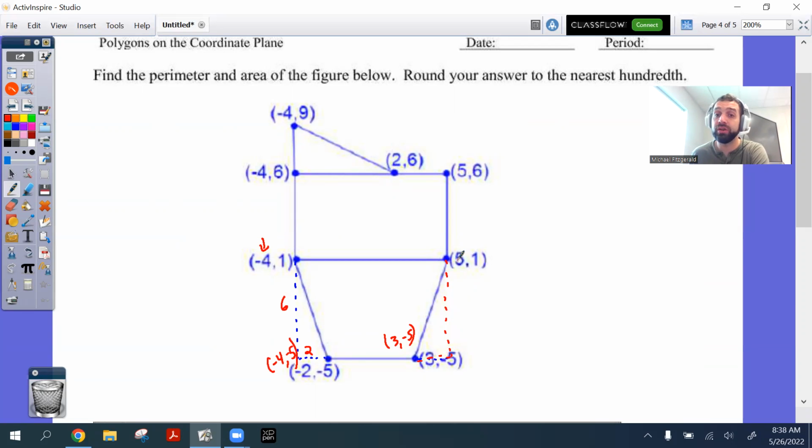I want to compare these y values here, this 1 and this -5. So I'm going to move these 6 units until I'm at this point 5, -5. The same sort of thing when I'm moving from this 5 to this 3 at -5. I'm only comparing one coordinate at a time. This guy here is 2.